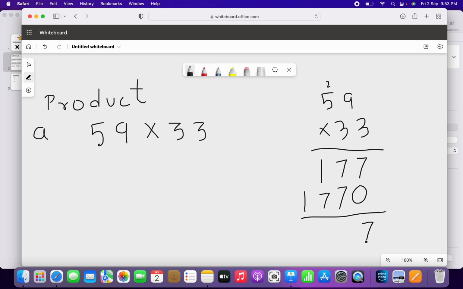So when you add, 0 plus 7 is 7. 7 plus 7 is 14. 7 plus 1 is 8. 8 plus 1 carryover is 9 and 1. So the answer is 1947.